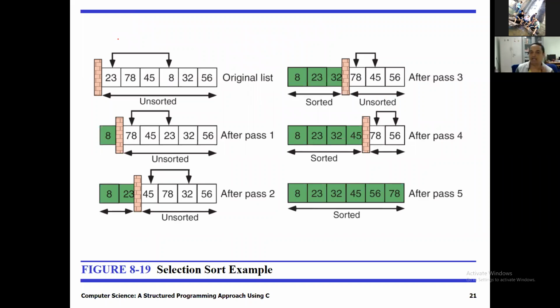Typically, take an example. You have an array which is unsorted. The array contains 6 elements: 23, 78, 45, 8, 32, 56. So here the size n is 6.